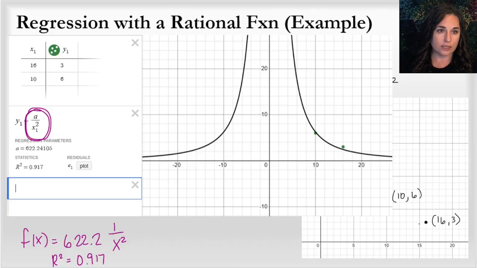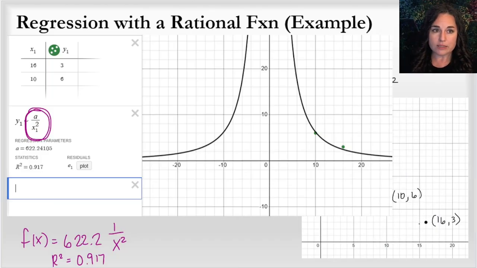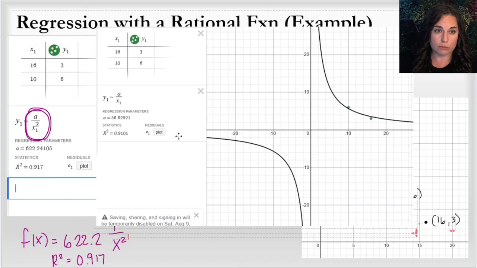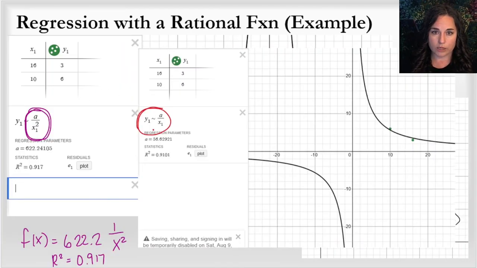Let's get the other model out. This is the simpler model. Maybe the simpler model worked best. You can see it's x to the first power in that denominator there. Right, you see that here. I'm going to highlight it, circle it in red. A over just x.